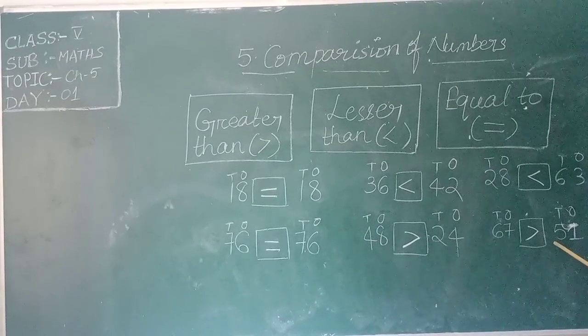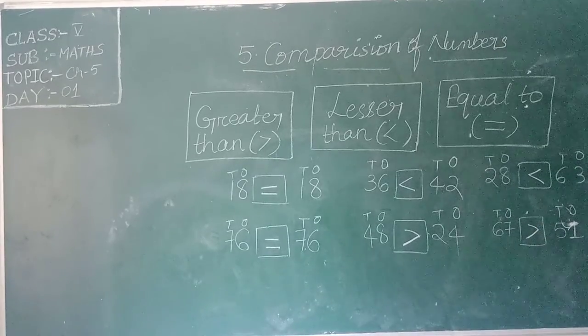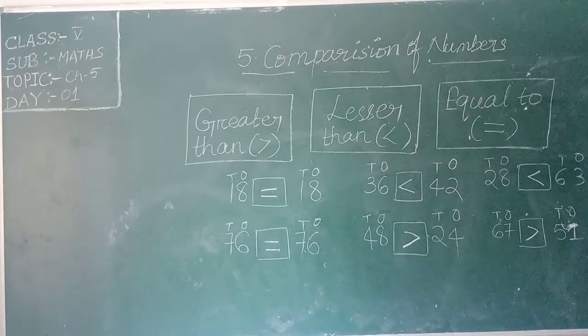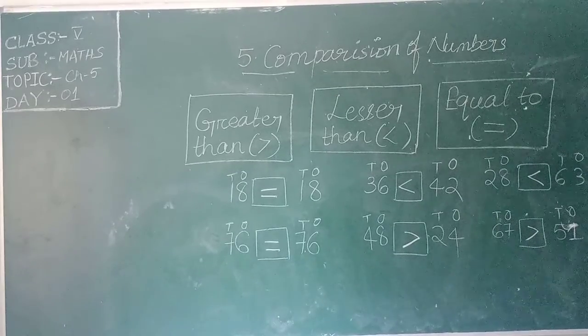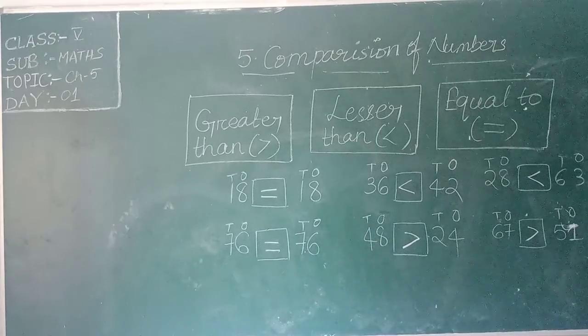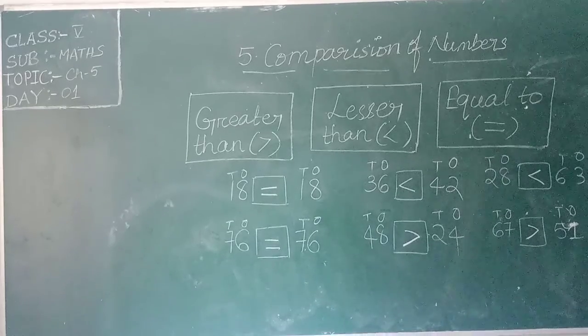Using this process also we can do comparison of numbers. You can directly compare, or you can compare using the place values. Which place value will we compare? The highest place value. In a 2-digit number, the tens digit is the highest place value. So we check only the tens digit to compare the numbers.